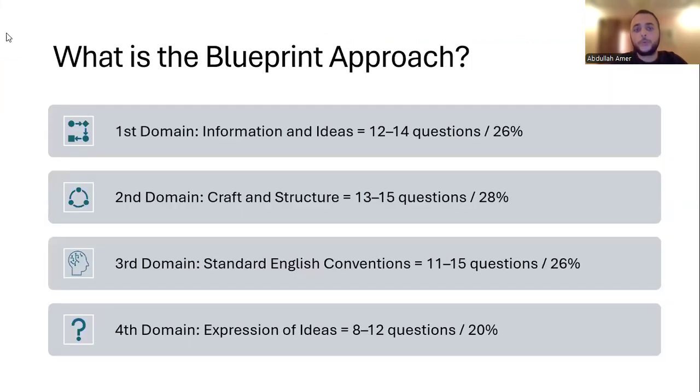In the blueprint approach, the digital SAT blueprint approach that we're dealing with, we have four revealed domains by the College Board that we all know: information and ideas, craft and structure, standard English conventions, and finally expression of ideas.